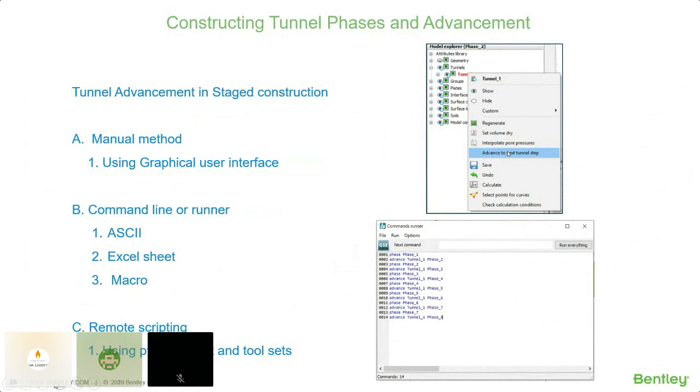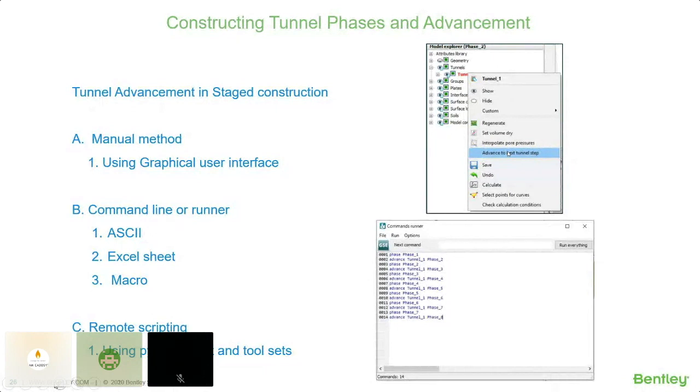First, we have the manual method, in which you add each phase, or each excavation step, manually. Second, you can define your excavation phases by using the command line runner.